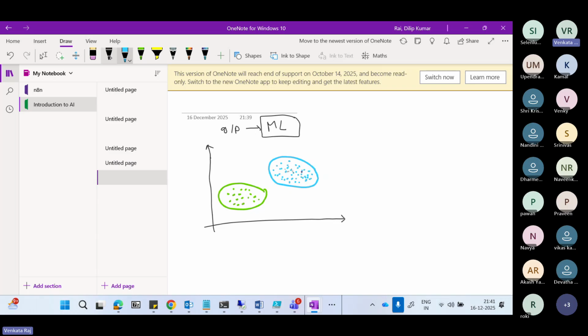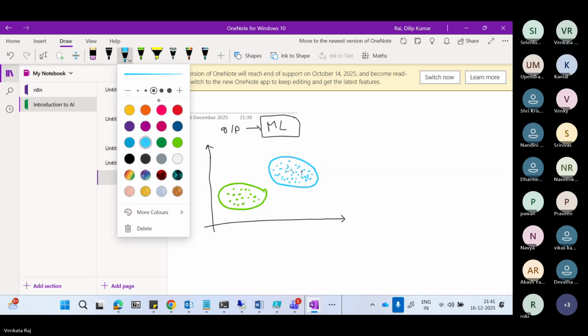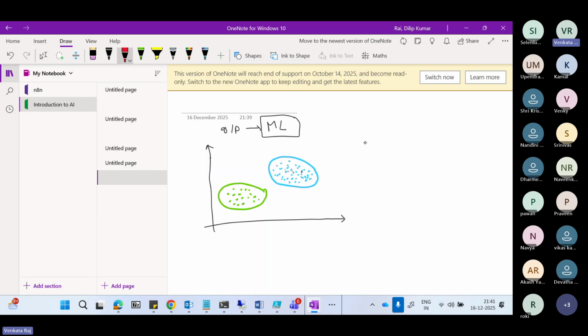So whenever a new customer comes in, say a new input data, based on this learning and clustering, it will try to find where this new customer will fit in, either in this group or this group.